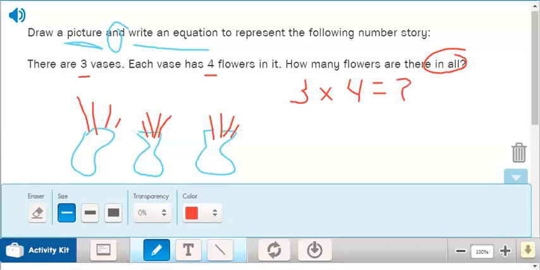You could draw pictures to help you, and we want you to draw pictures here, but you could also just count those out: it equals 12. If we used an unknown, let's say F was our unknown or our question mark, F equals 12, so 12 flowers.